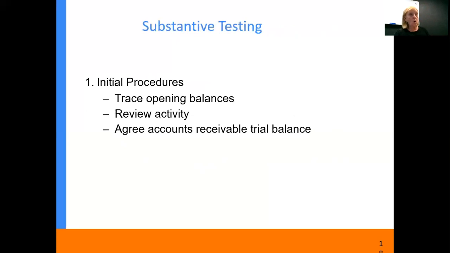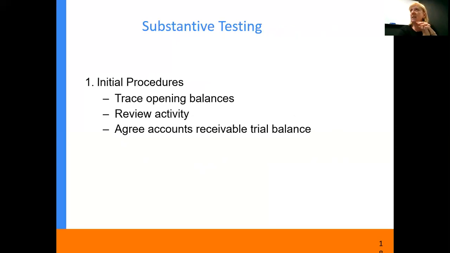So I want to trace the opening balances in the balance sheet back to the previous year's closing balances, and they should be the same. If they're not the same, something's wrong right from the start. So I need to establish that they have correctly closed last year and carried it forward to this year. Sounds simple, but we need to be sure of this.